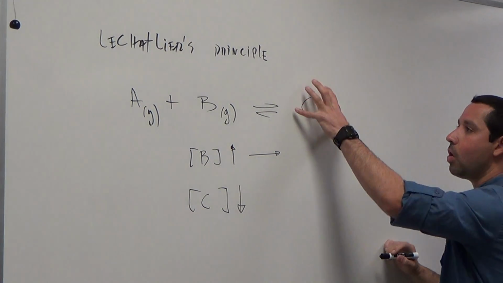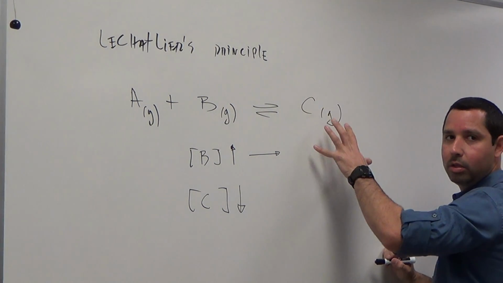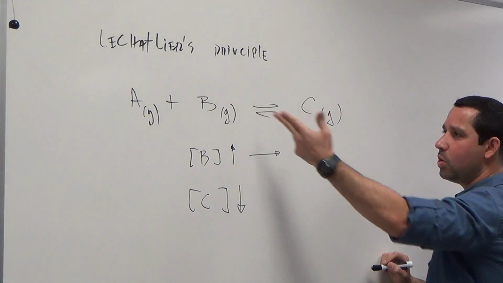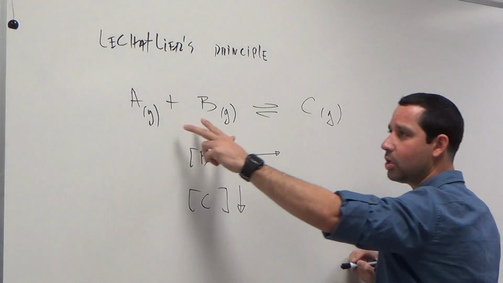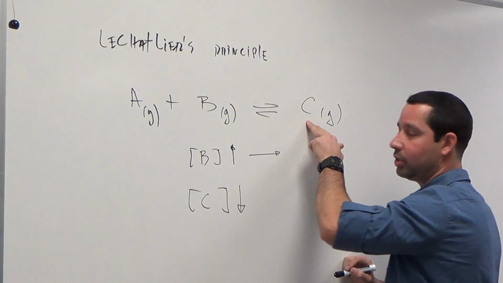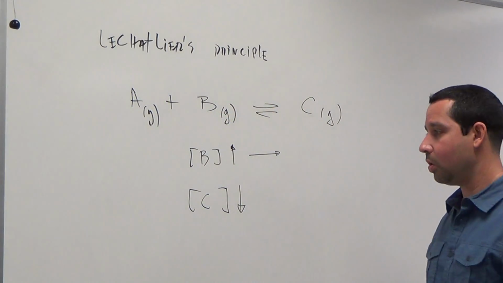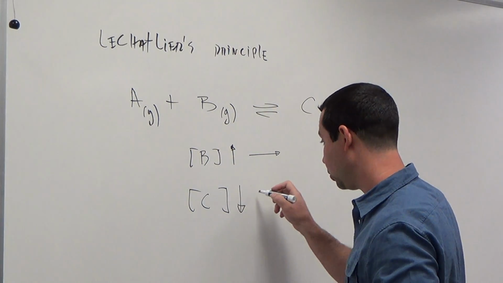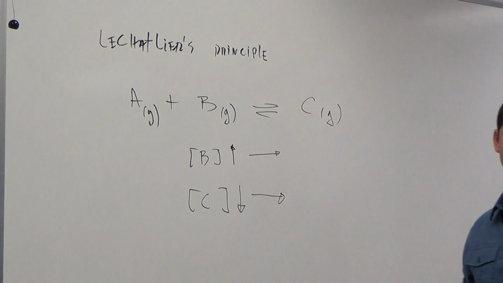Guys, if I take away C, it has to make more C. The only way to make C is by going forward, yes? Going forward makes C, uses up these two. Going reverse makes these two, uses up this one. So, if I decrease the concentration of C, the reaction goes forward to make more C.